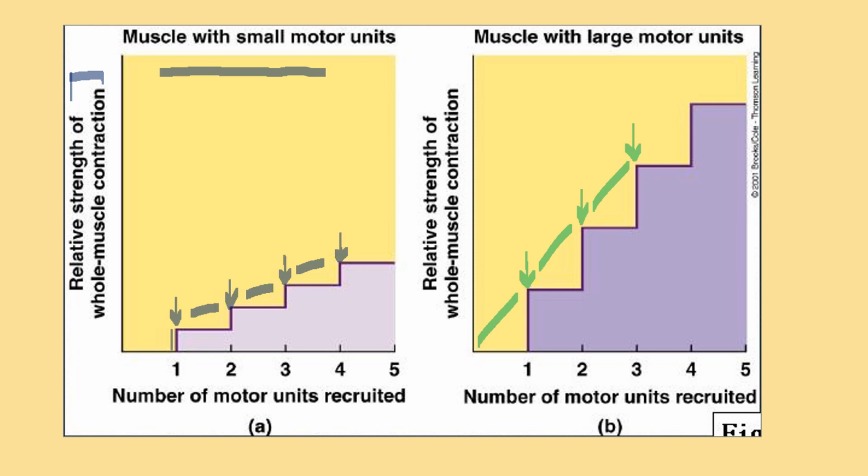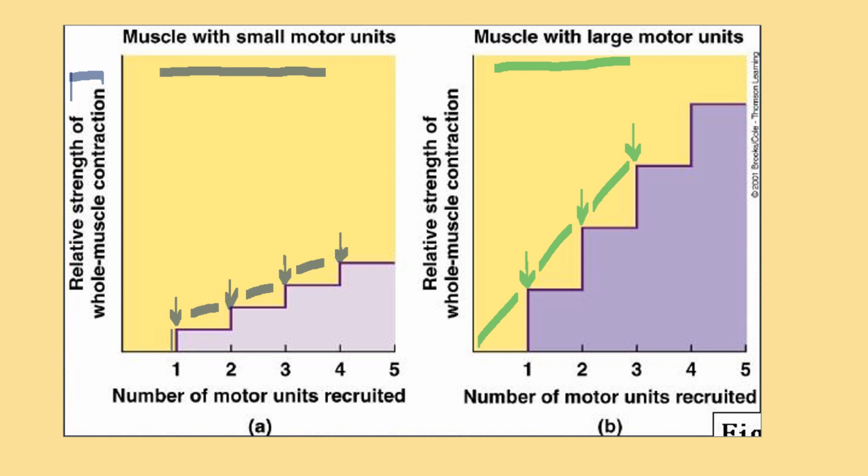We get these tiny increases in force with every new motor unit that gets recruited. We can contrast that with a muscle that has large motor units, where we get these giant increases in tension that develop with every new motor unit that's brought online.